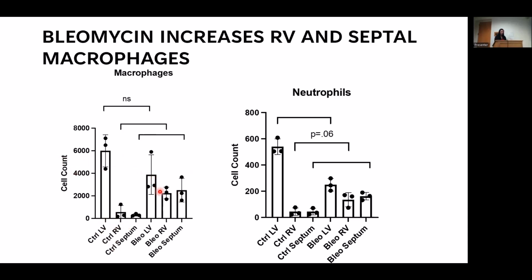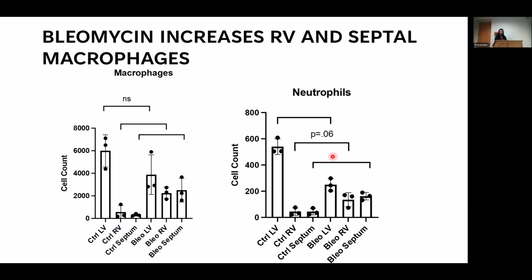What I show here is that macrophages go down slightly, though not significantly, in the LV between the control and the bleomycin PH conditions. I think I'm missing some of my stars and p-values here, but there's a significant increase in macrophages in the bleomycin-treated RV as well as in the bleomycin-treated septum.